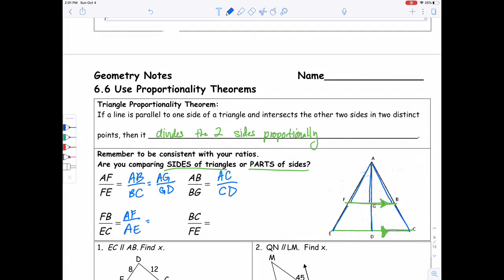Another option you can have is AB comparing to AC. Finally, BC to FE, right?